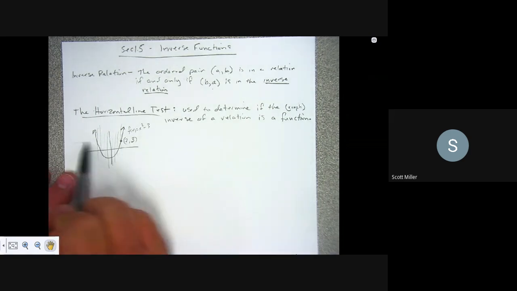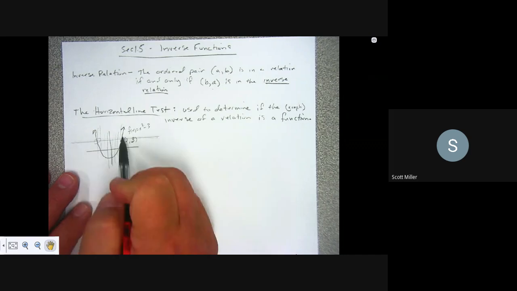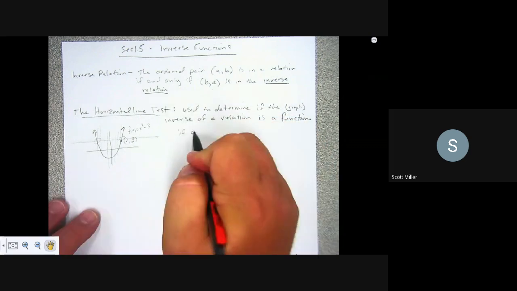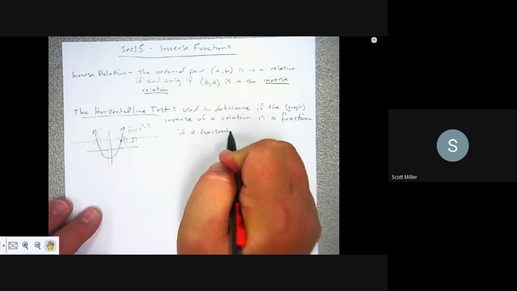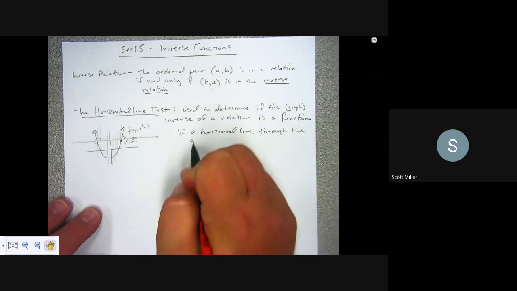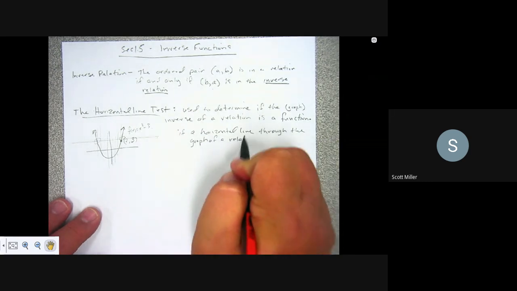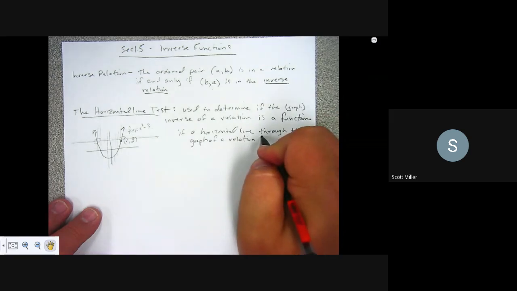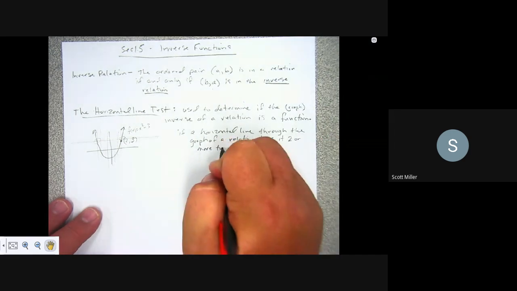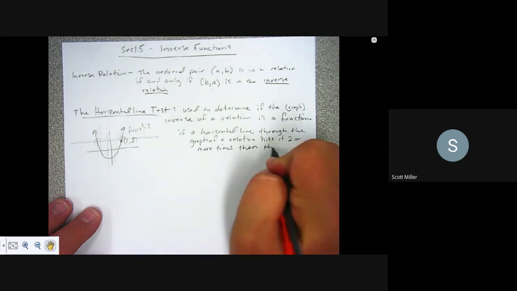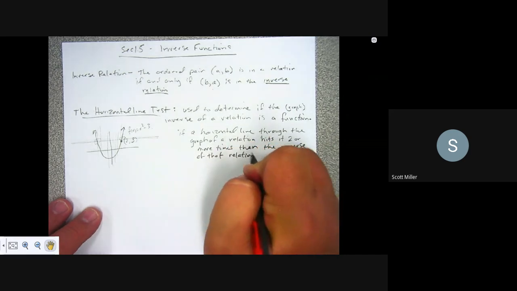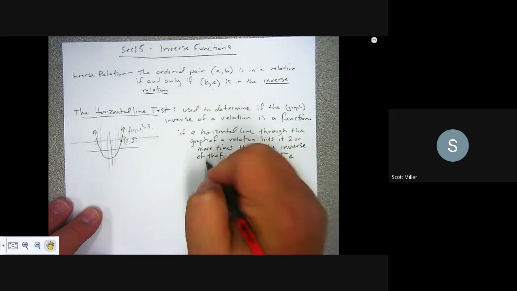If I can draw any horizontal line through the graph of a relation and it hits it two or more times, then the inverse of that relation is not a function.